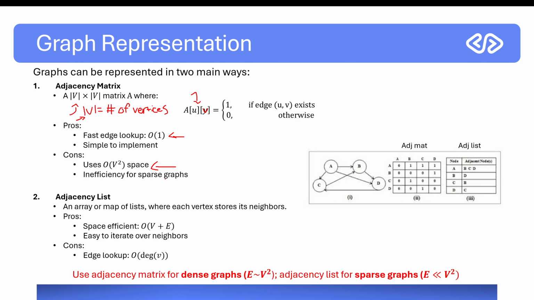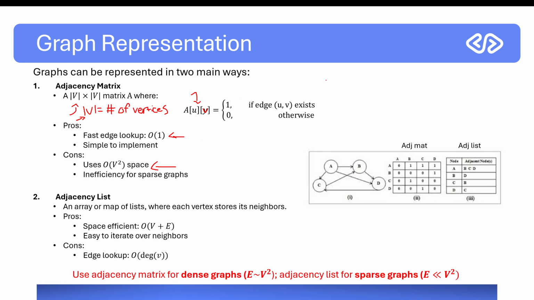Another thing to note, it doesn't show here. So if you had an undirected graph, you would actually have copies in the adjacency matrix, because again, it's going to be bidirectional.